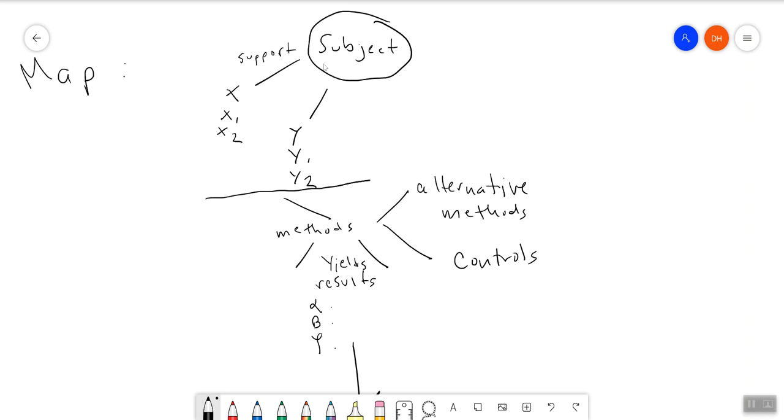What am I examining? What am I writing about? And then the idea of the support here are the basic premises, interpretations, the legs of support, columns, pillars, foundations, whatever you want to call them, that are going to support the basic subject that you're analyzing.